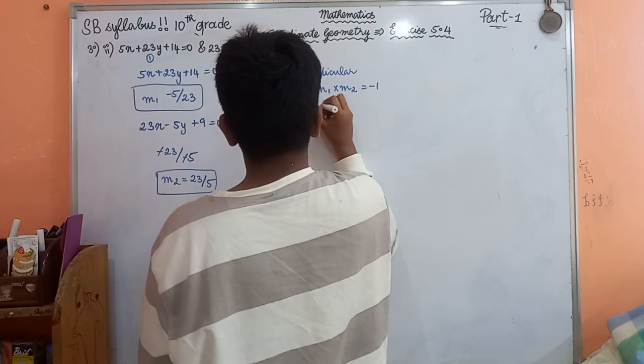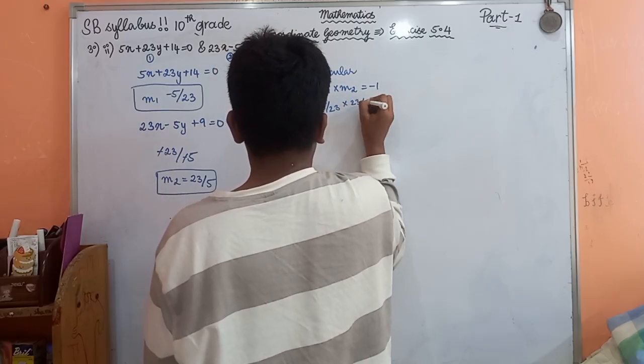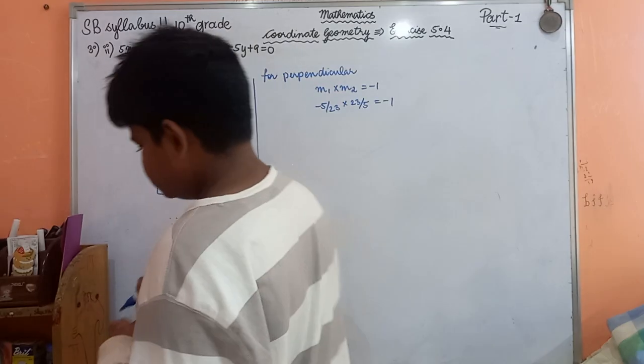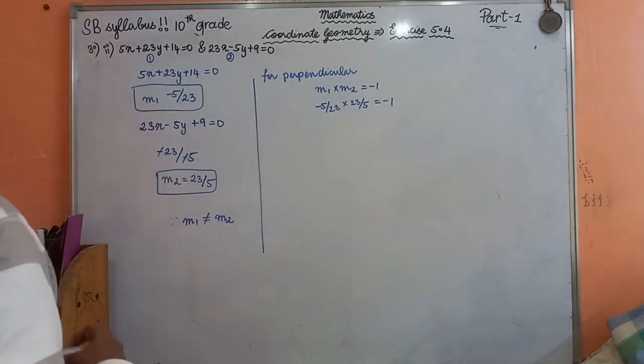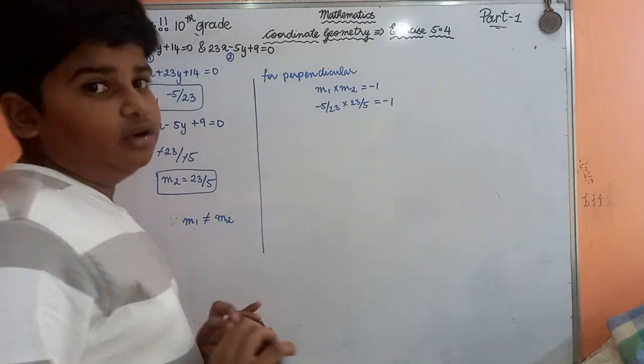Minus 5/23 times 23/5 is equal to minus 1. That's the answer. So these two lines are perpendicular, not parallel.